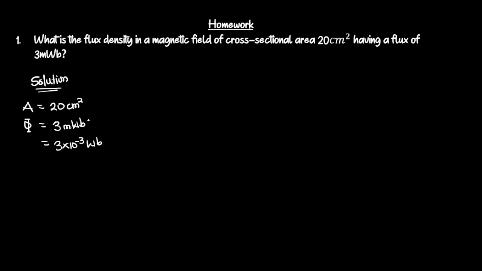Very good. And so we are to calculate the magnetic flux density, which is B, and that is what we do not know. Now note that magnetic flux density B is equal to magnetic flux, phi, over the area. Okay, and in this case we have our phi given to us, and then we have our area given to us.